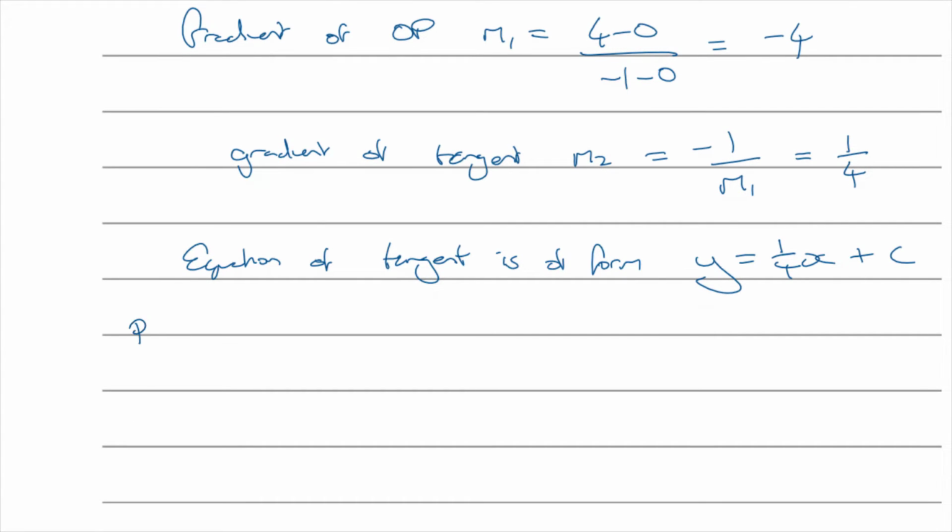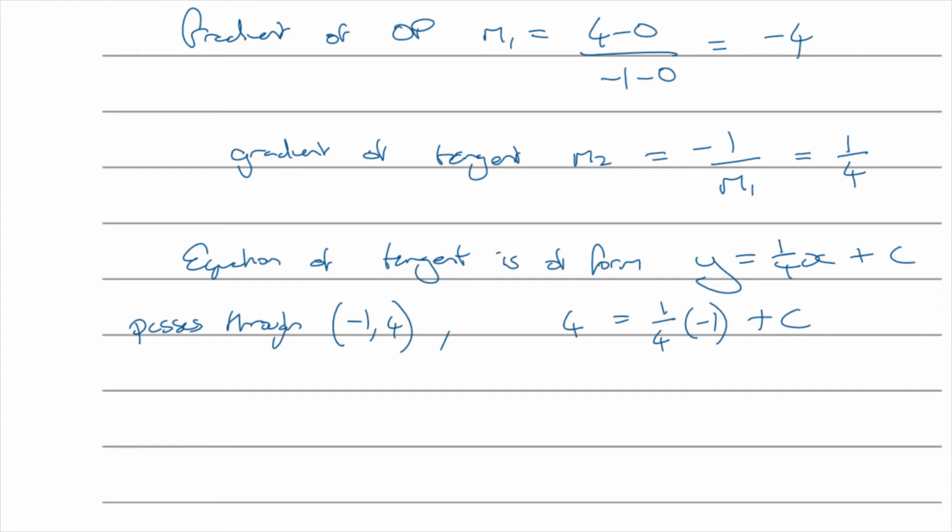Now we know that the line passes through the given point, which had coordinates -1, 4. So if we sub those two into the equation, we know that 4 is going to be equal to 1/4 of -1 plus c. So now we can work out what c is. So 4 equals a negative 1/4 plus c.